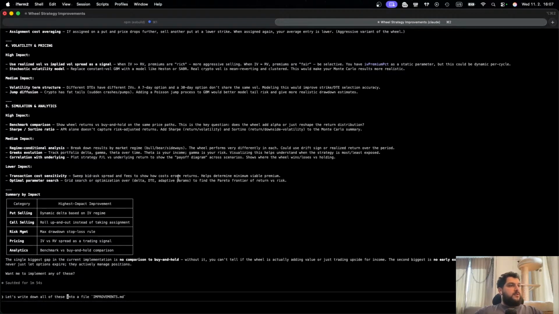Let's write down all of these as actionable points or checkboxes into improvements.md. We will be later having discussions based on it, and also implement the ideas and use it as a plan.